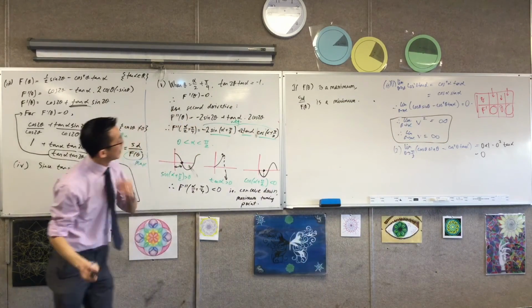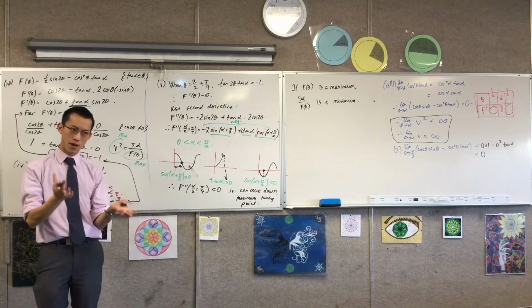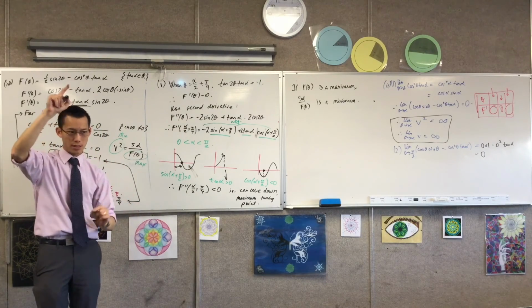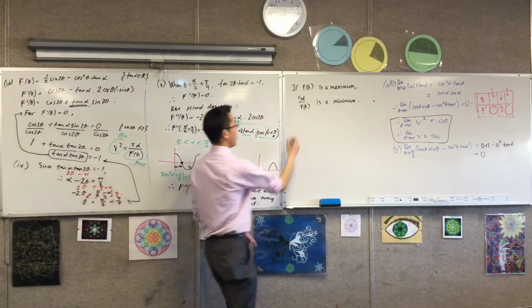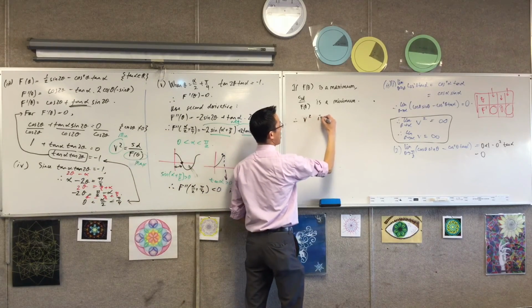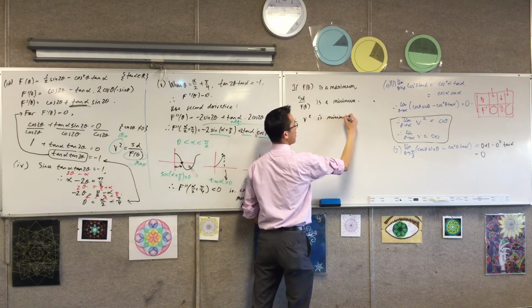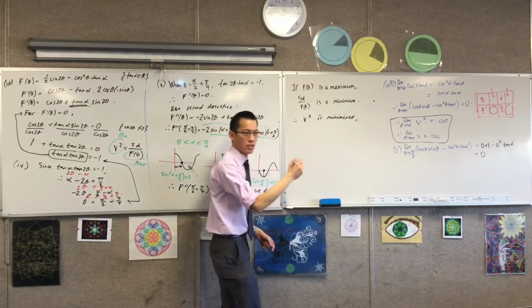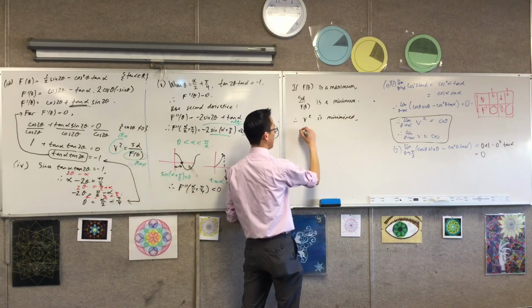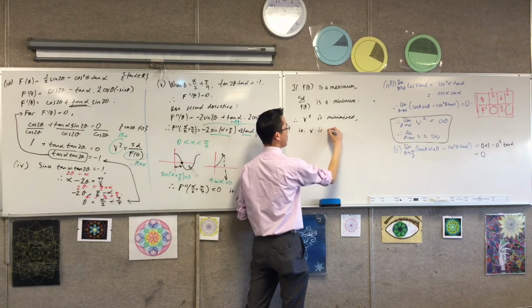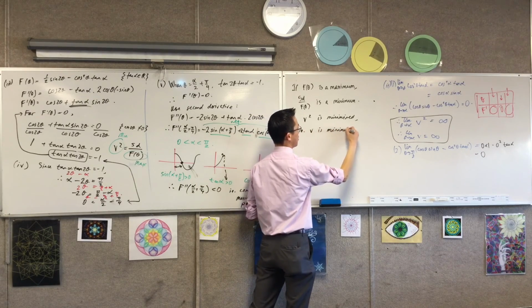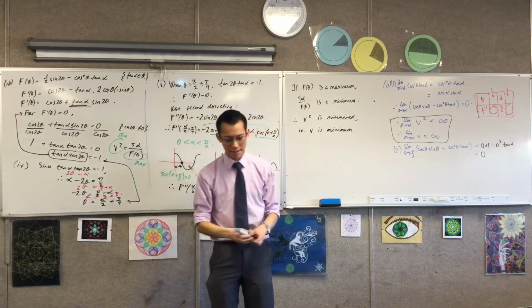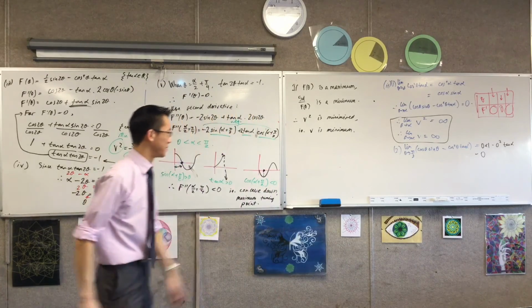V squared and f of theta are inversely proportional to each other. One gets bigger, the other one gets smaller. Okay, so therefore v squared is minimized, and if you minimize the square of something, you've minimized the thing itself, right? But they asked for V. They asked for V squared, sorry. Oh, did they? So I don't even worry about that. There you go. So an extra line. Okay.